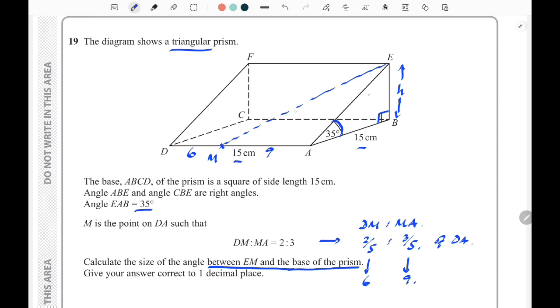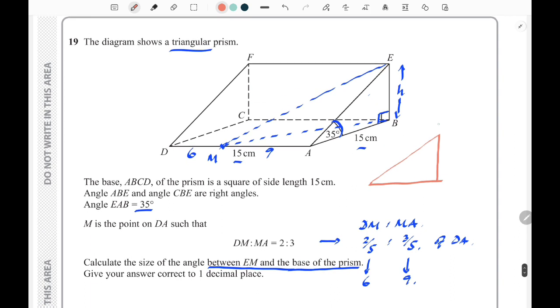And in order to find the angle between EM and the base, we're going to have to use the flat line, the horizontal line, through the base, as it were, along the base, between M and B. Okay? So effectively, we have a triangle that slices through the prism itself at a funny angle. So that's E, M, and this is B.